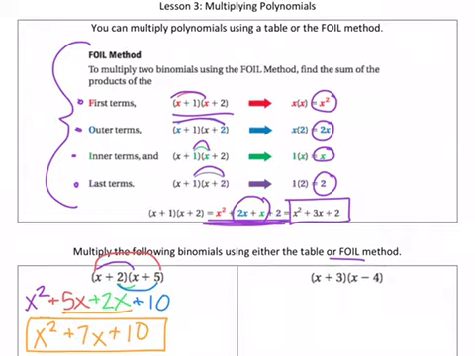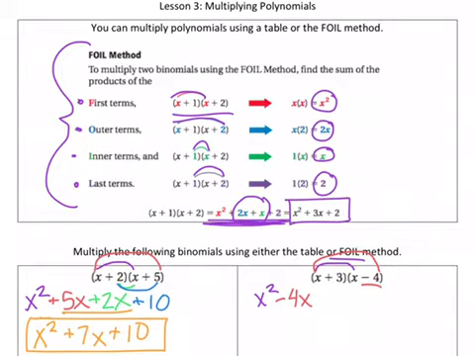So now we're going to do one more example before you guys go off on your own. So again, we're going to FOIL. So the F in FOIL stands for the first, so x times x is x squared. Then we have the outer, the O stands for outer, so x times negative 4, think about that as a negative 4, is negative 4x.